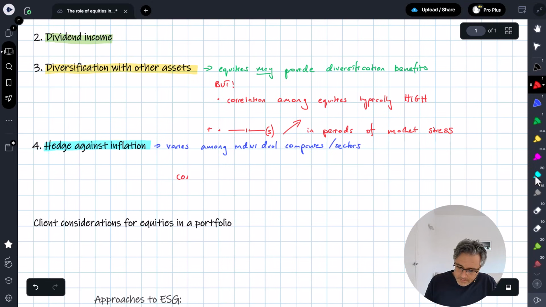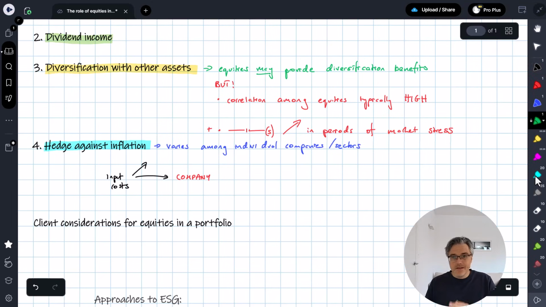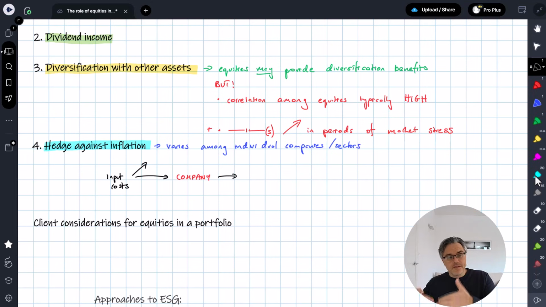If you put a company over here in the middle, then of course pretty much every company faces some input costs. The costs of raw materials used, the cost of labor, the cost of energy, right? And if those go up, the question is, is that company going to be able to pass those increases, those hikes in the costs onto the consumers, onto the clients?